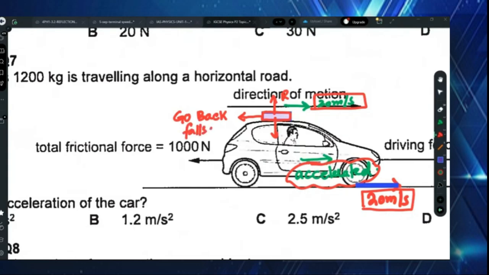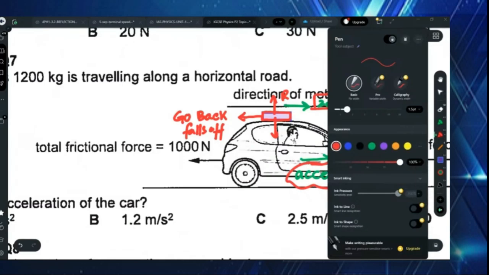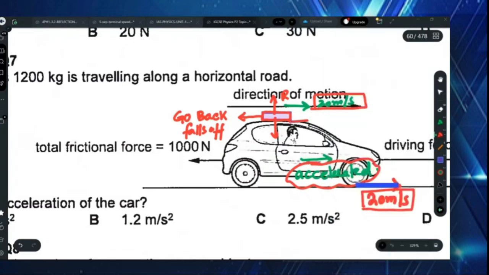Are you people agreed? It means if we don't want the bag to fall off, what should be the direction of the friction? This should be the friction, isn't it? Now is it clear?